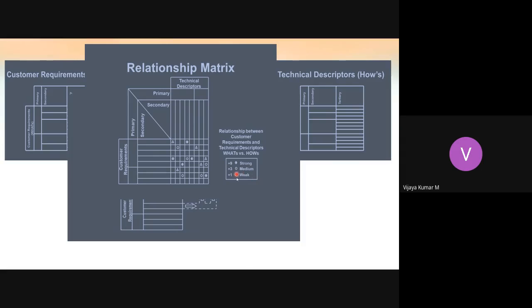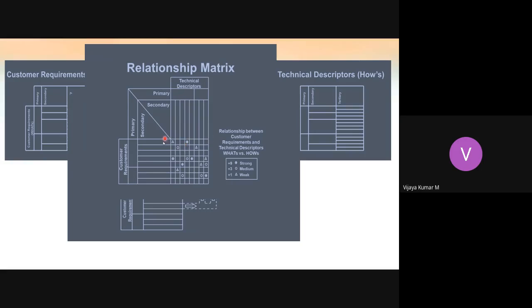Here they mention weak, because maybe that company is taking some other material. That material is not exactly good for this particular product. Therefore, they mention it is weak. They mention strong here. Maybe for the spokes, they are using some kind of thing. Maybe for this product, that particular technical descriptor may be good. That is why they mention like this, right?